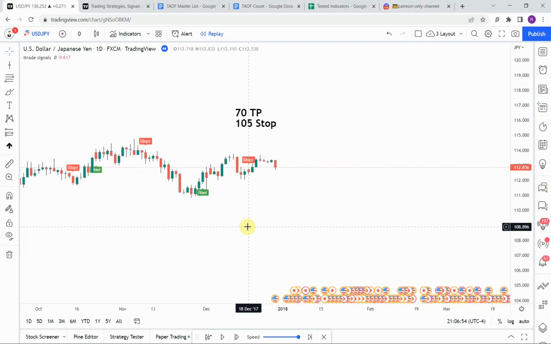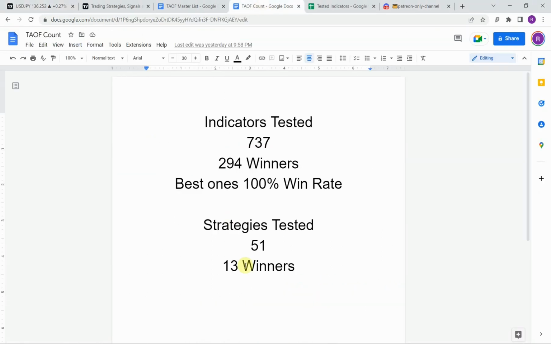Alright, as I said, today we will be testing the iTrade buy sell indicator. Before we do though, I wanted to put the testing scoreboard up for everyone to see. So to date, we have tested a total of 51 different strategies, with 13 of them being profitable. We've also tested a total of 737 indicators, with 294 of them being winners.